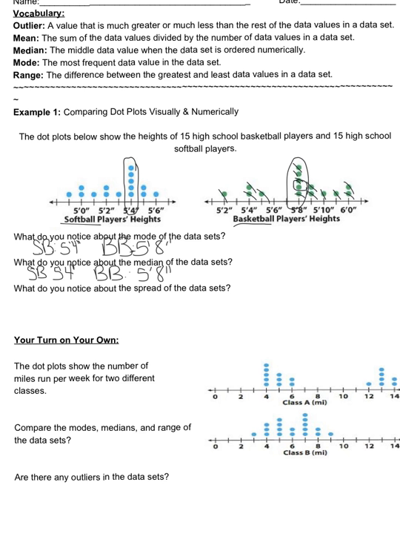And the last question of how we can analyze this dot plot is looking at the spread. And when you hear this term spread, it really just implies the range. So how is that data spread out along this dot plot? So when I look at the softball players' dot plot, I notice that it starts with this height right here, which would be 4 foot 11, and then 5 foot 6.